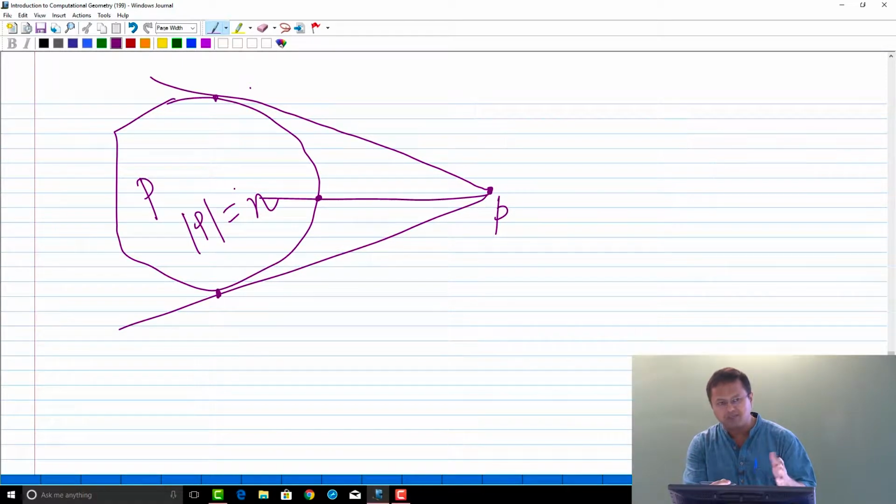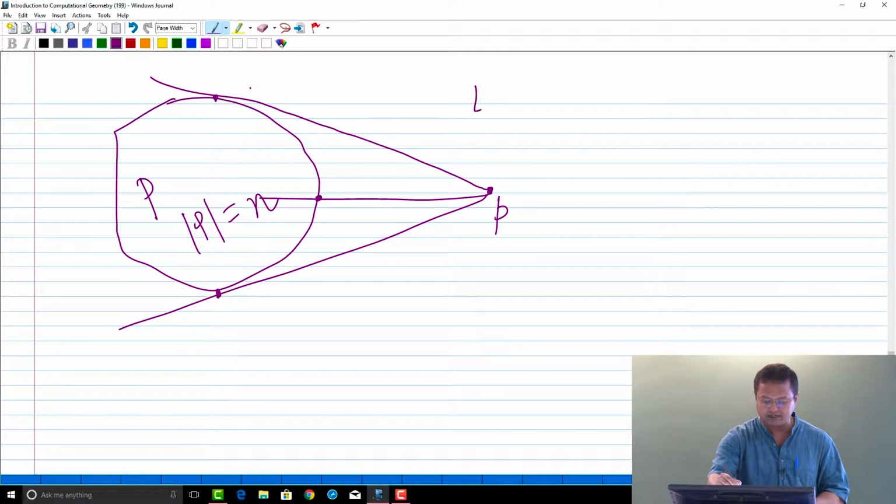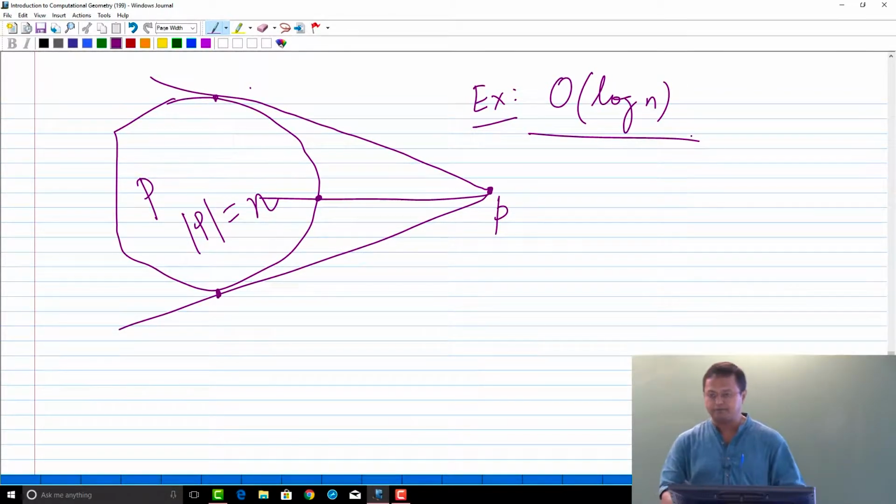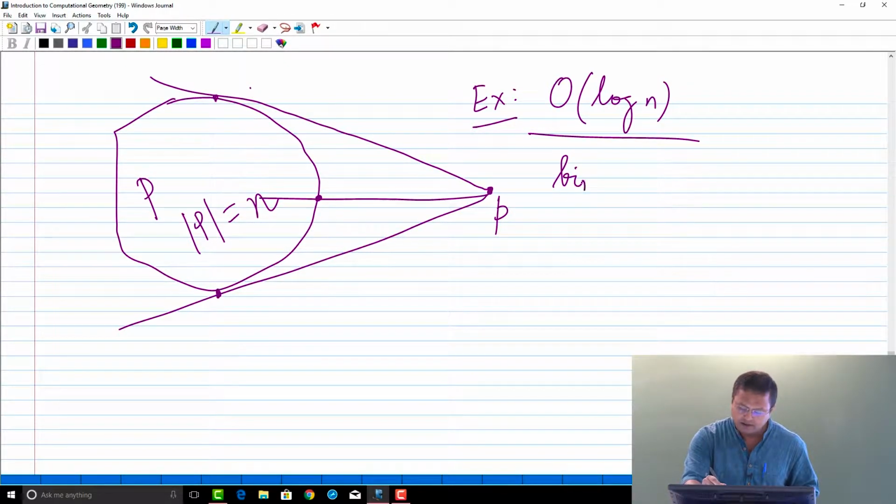So, linear possibly you can, but in the exercises, which I think Gopi will do in today's tutorial, you can do it as fast as this. The idea is binary search in a nice fashion.